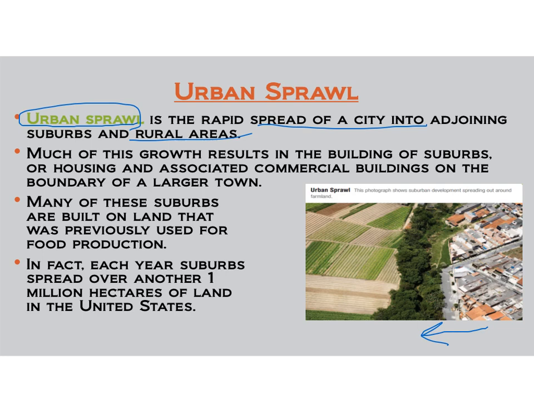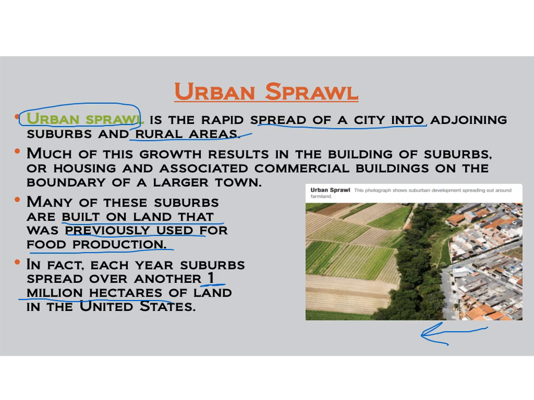So what we see happening is the suburbs are growing and expanding out and taking up farmland, about 1 million hectares of land per year. So this is land that we used to use to make food, we're now using to house people.